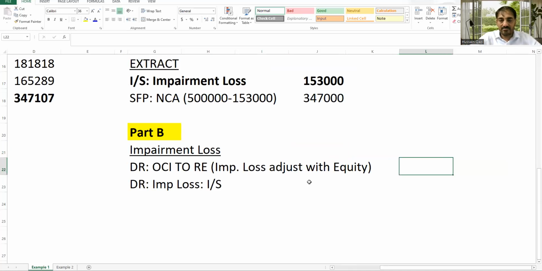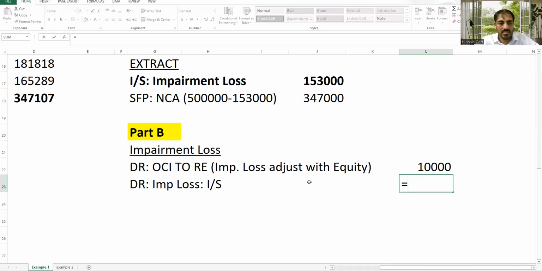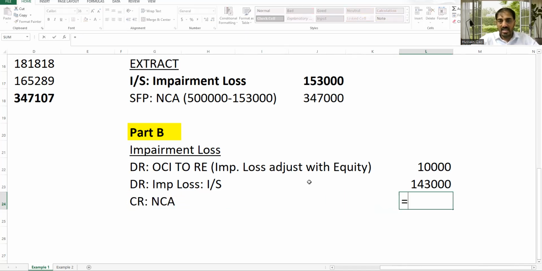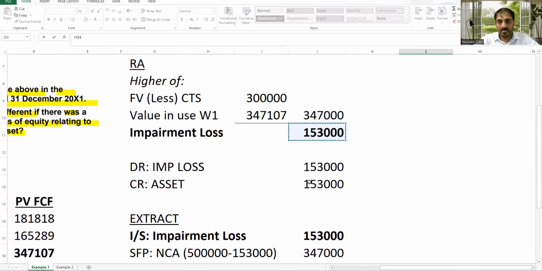So first thing is 10,000. Number two, 153,000 minus 10,000, that's 143,000. And the non-current asset, with 100%, should be credited, the complete loss, that is 153,000.